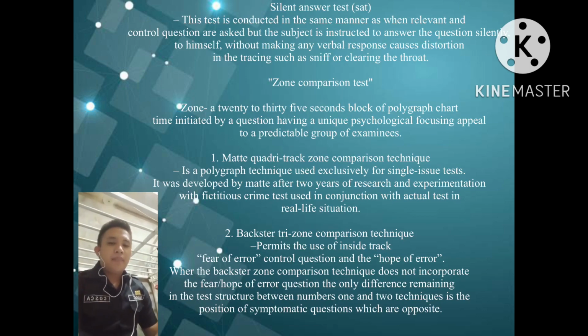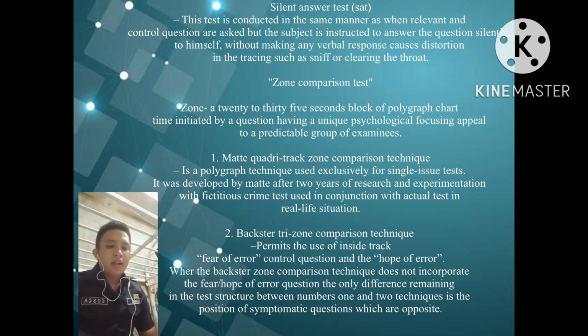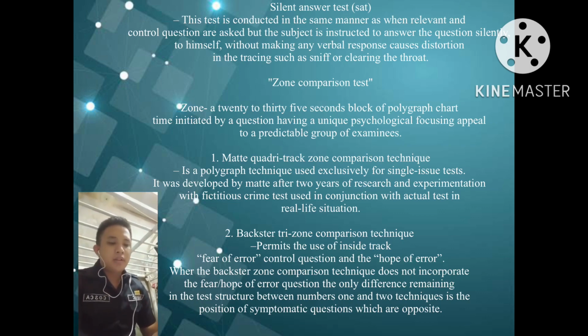Good day, attorney. My topic is all about the silent answer test and the zone comparison test. Silent answer test: this test is conducted in the same manner as when relevant and control questions are asked, but the subject is instructed to answer the questions silently to himself, without making any verbal response that causes distortion in a tracing, such as a sniff or clearing the throat.